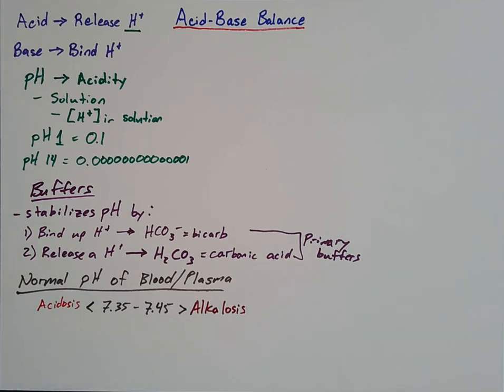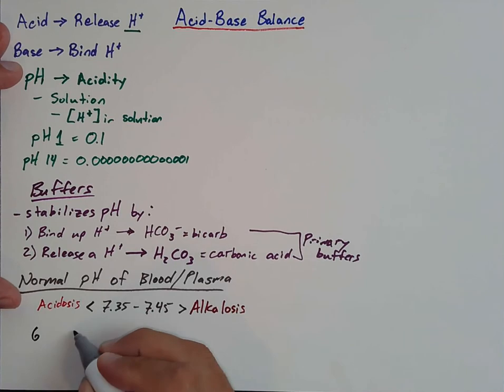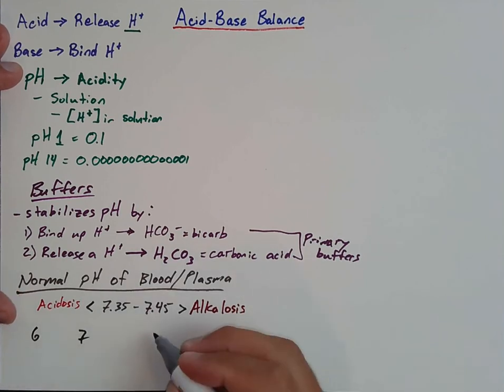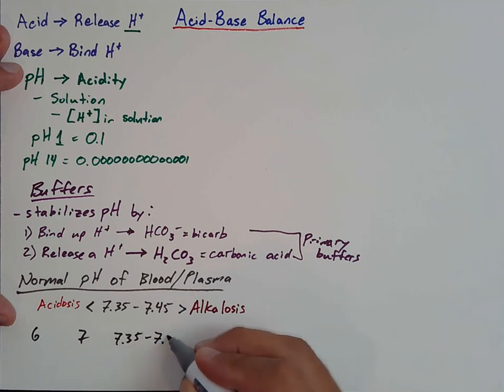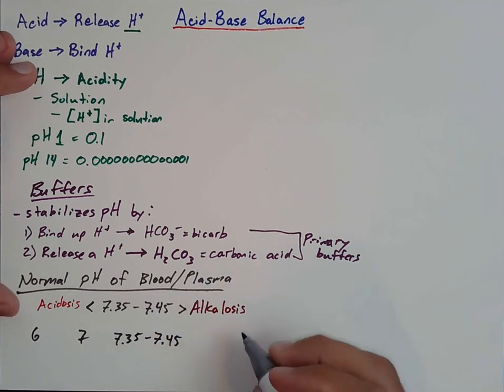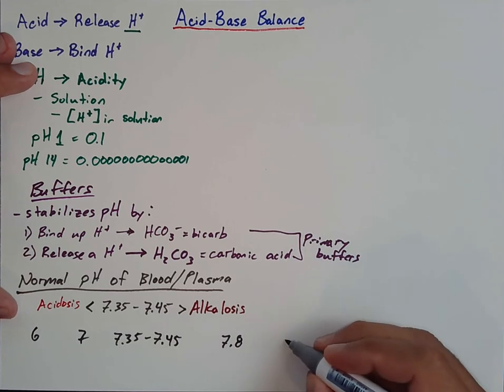All right, so what if, I guess I should ask, what is the normal range for human life? What is the normal range for human life? Well, there's a nice easy way to be able to draw this out. Just put in a 6, then put in a 7, then put in a 7.35 to 7.45, then start jumping it up. Go up to 7.8, and then you can have a final one up here at around 9.